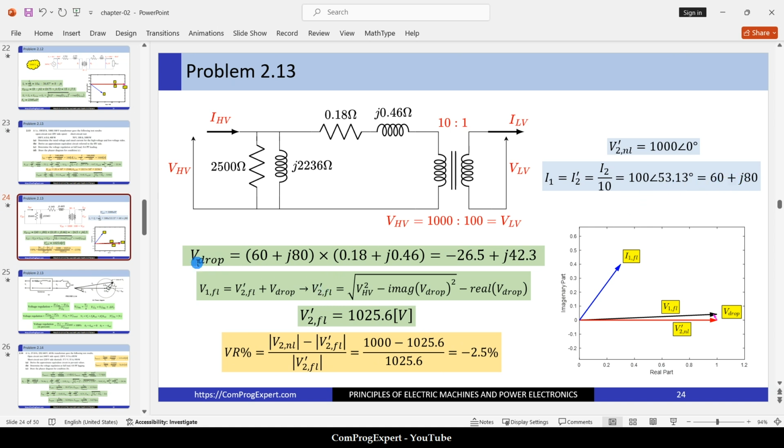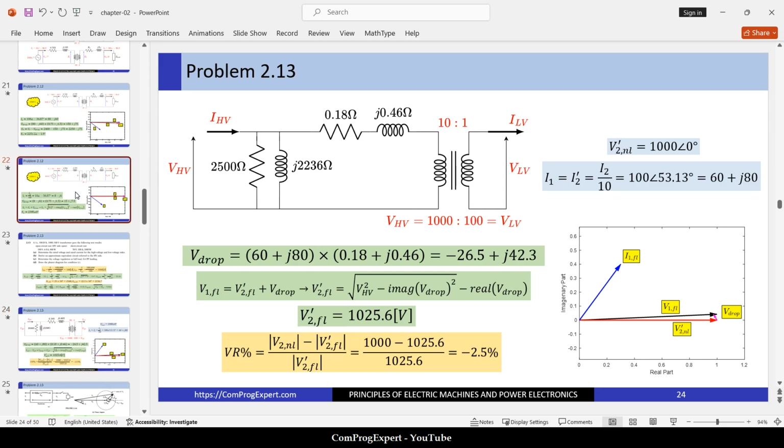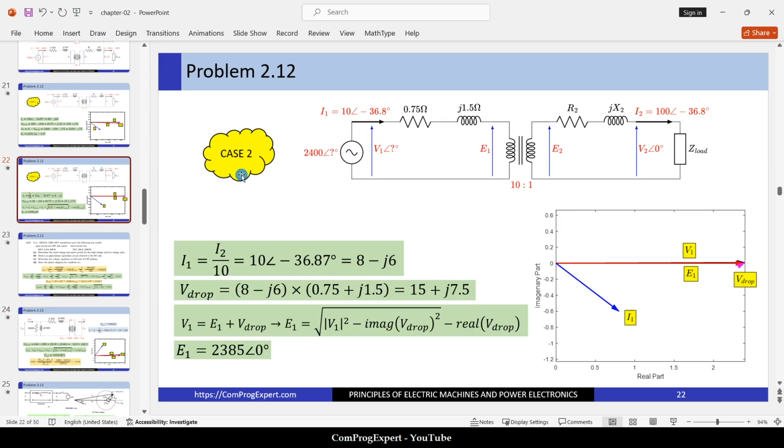How much is the value of the voltage drop? It is equal to the current times the impedance of this branch. Finally, because we consider the power factor, the angle between the current of the secondary and the voltage of the secondary, we consider the angle of the V2 prime for the full load case equal to 0, similar to case 2 that we solved.